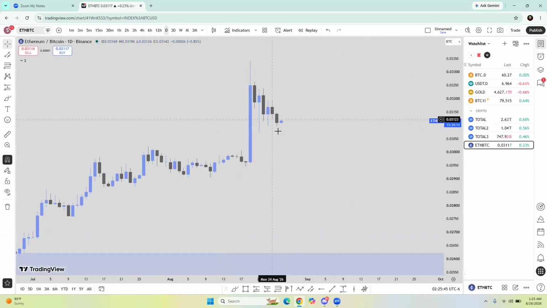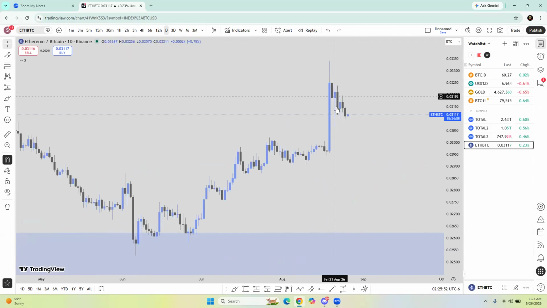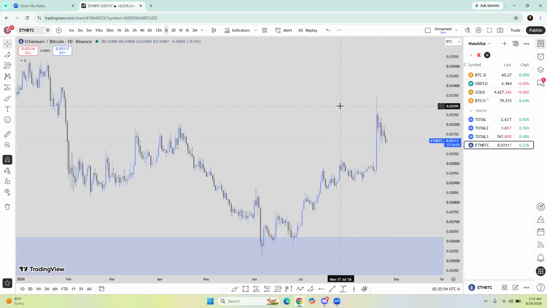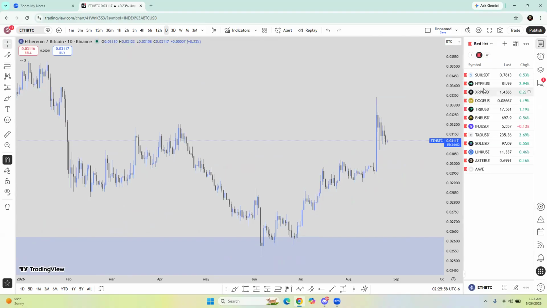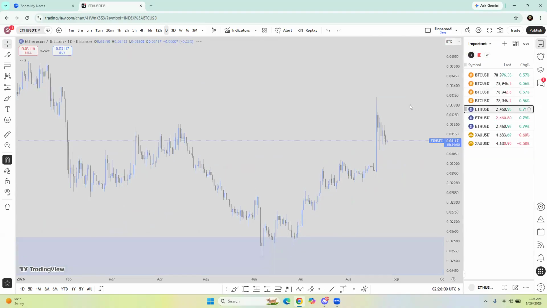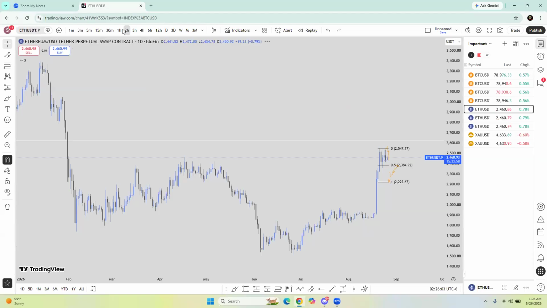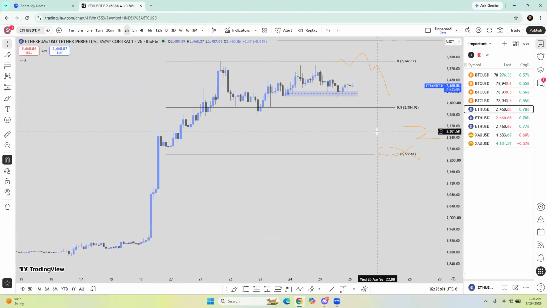ETH BTC is slowly coming down to fill up. Maybe it is going to sweep this low here. Look at this candle, no volume generation here at resistance. So yes, ETH will come down towards 2222. Don't go hard on ETH.